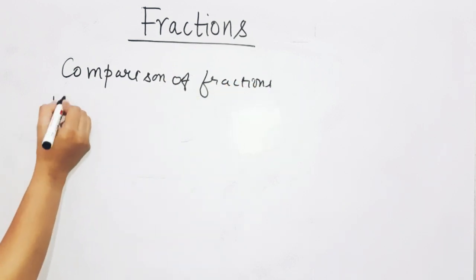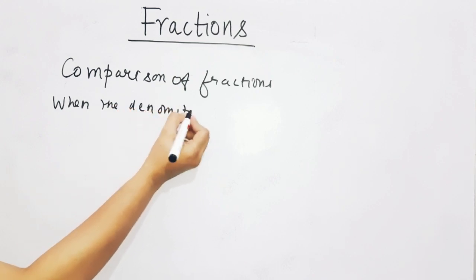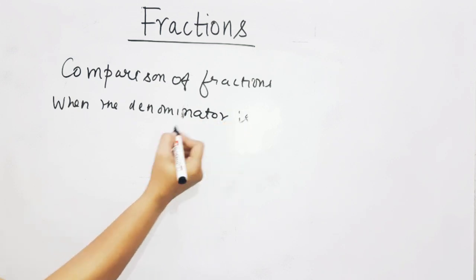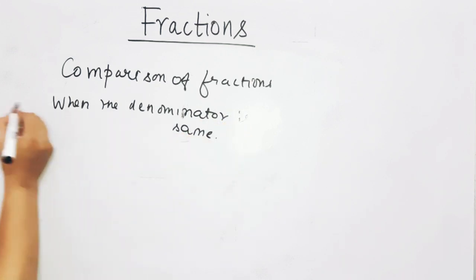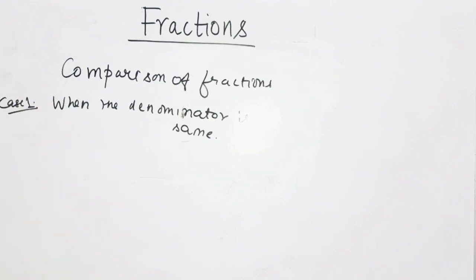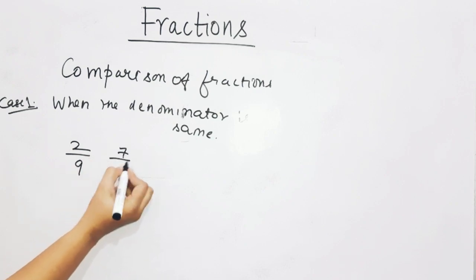So the first case which I am going to explain to you is when the denominator is same. This is case 1, right? When the denominator is same. So I am writing two fractions, 2 upon 9, 7 upon 9.